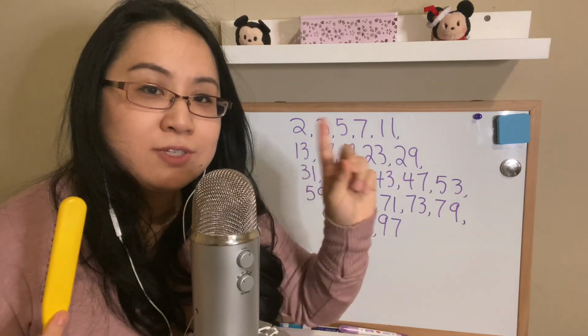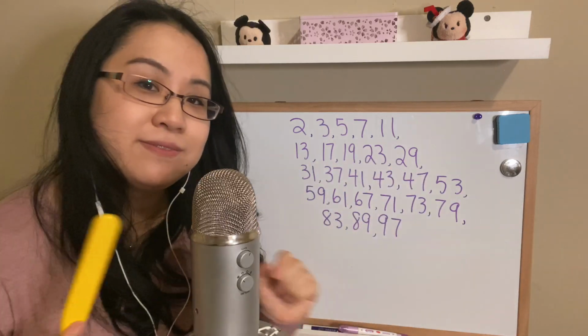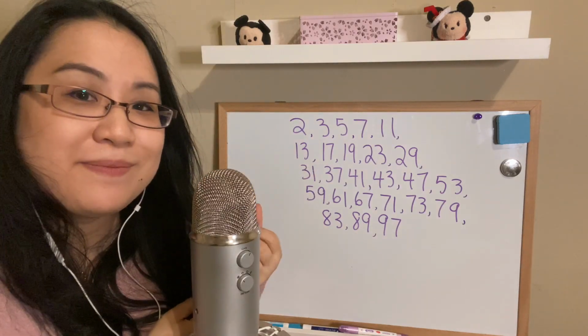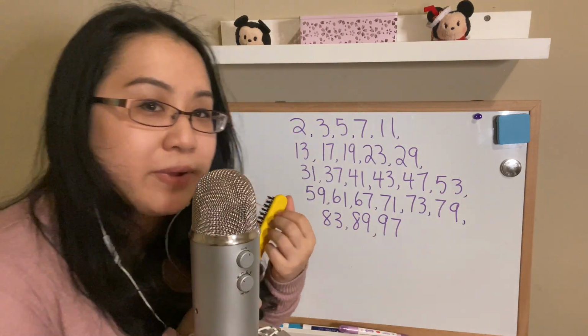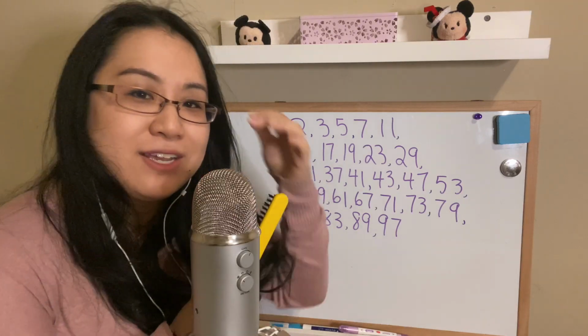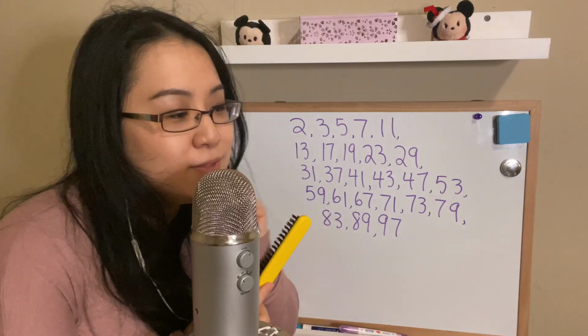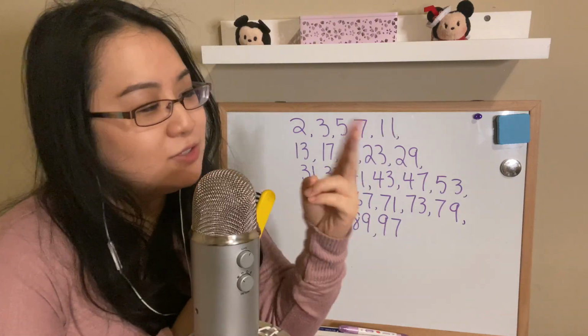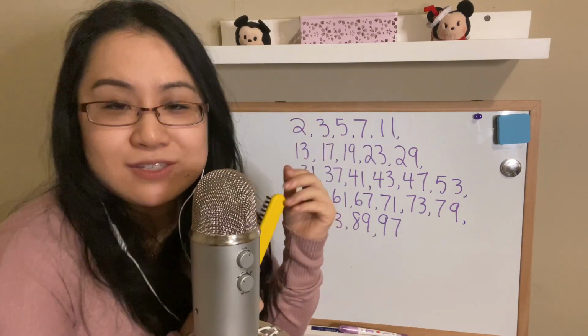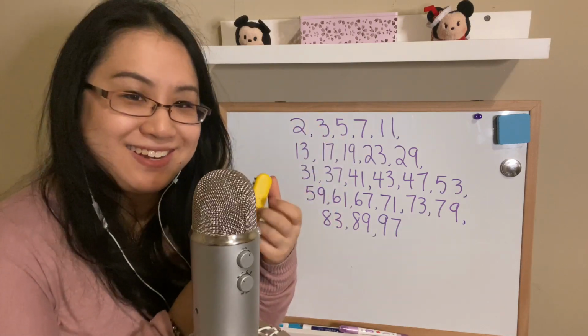So 2 times 3 times 5 is 30. 31 is prime. 32 is a power of 2, because it's 16 times 2, right? 2 to the power of 5 is 32. Nice.